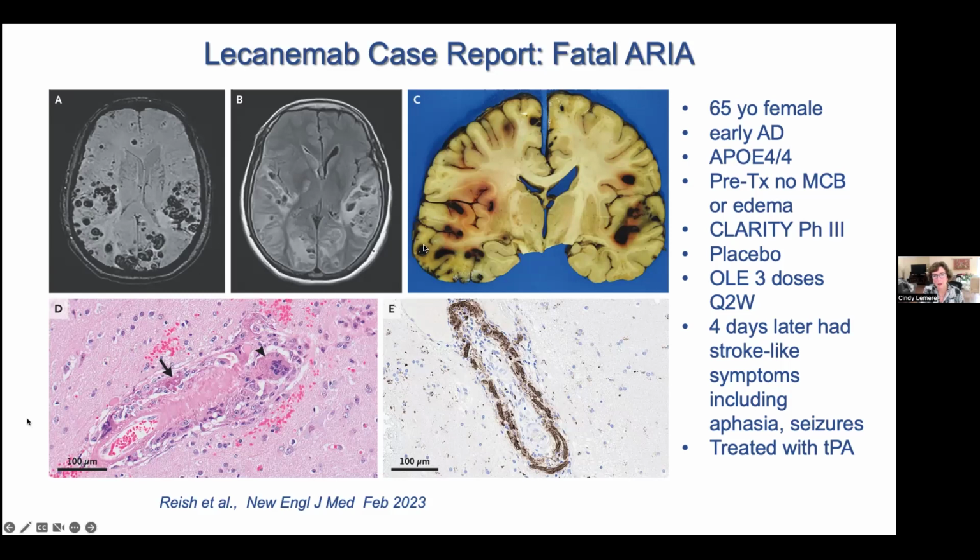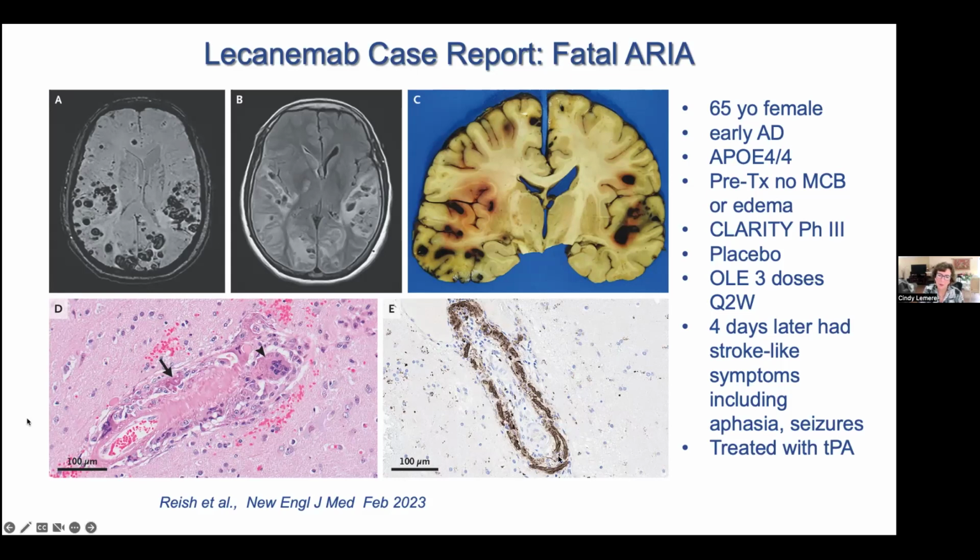And so her family consented to autopsy, and you can see that there's microhemorrhages, there's effusion in the brain, so ARIA-E and H. You can see the hemorrhages here. And along the blood vessels that contain amyloid, you can also see this recruitment of all these different immune cells coming into the vasculature and the presence of these giant multinucleated cells, which are also thought to be immune cells.